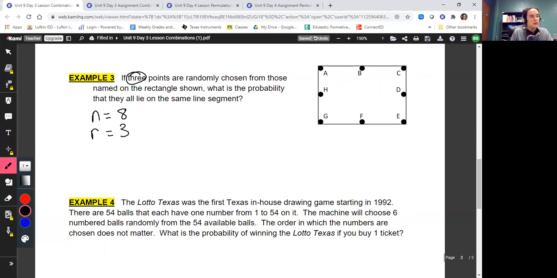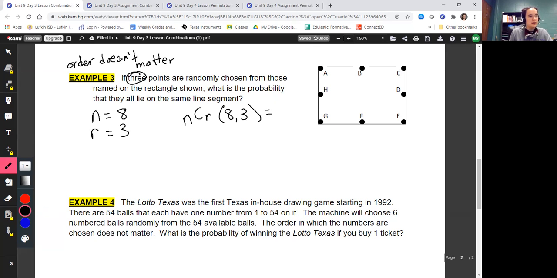So we got NCR 8, 3, because again, order doesn't matter. And we know order doesn't matter because it doesn't matter if you chose A, H, or G, and then could have also chosen H, G, A. They are all 3 on the same segment.